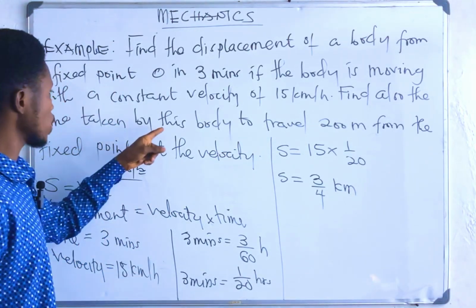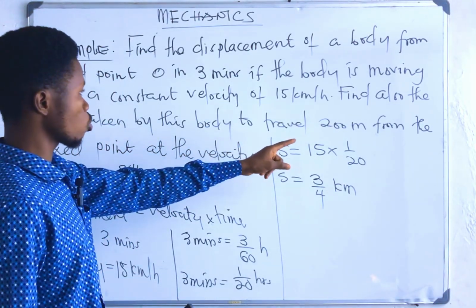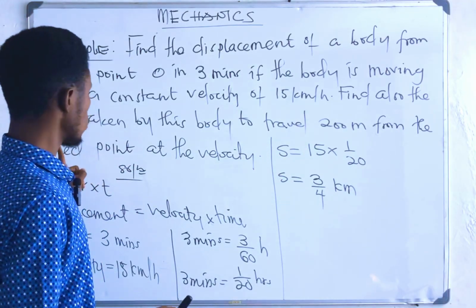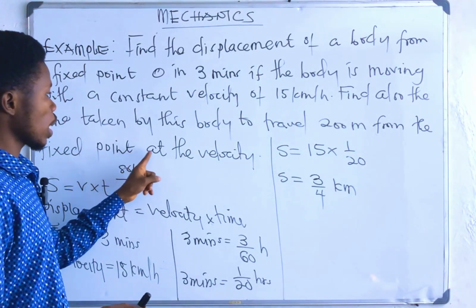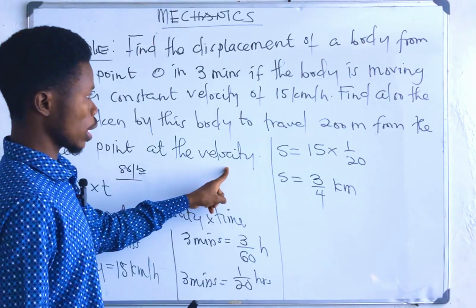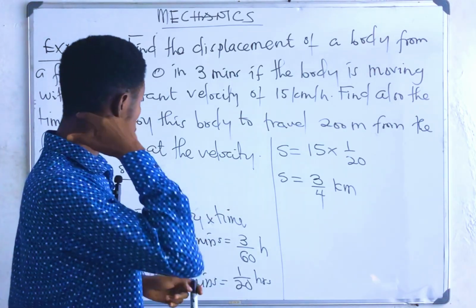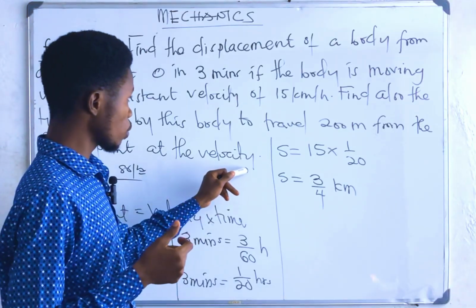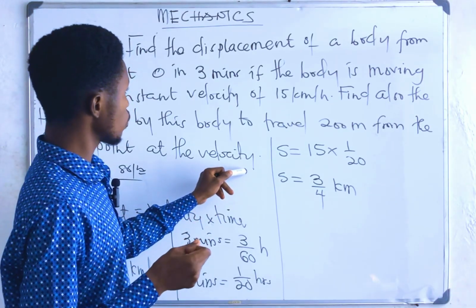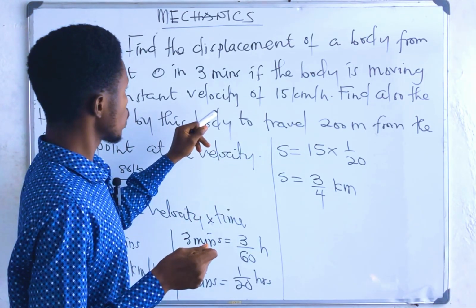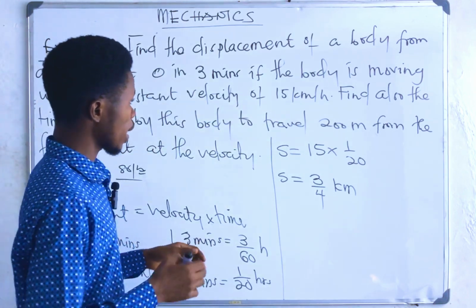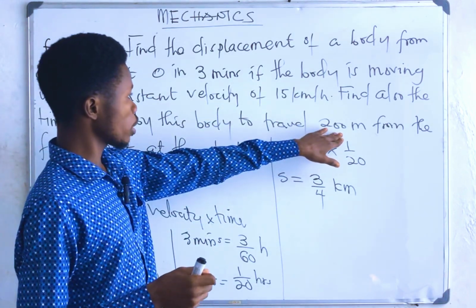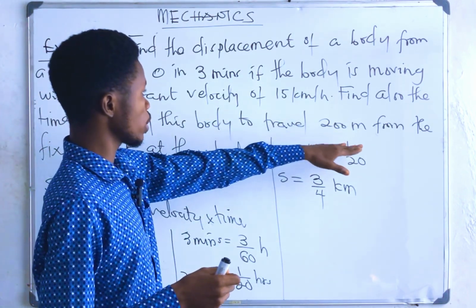Now let's look at the other side. Find also the time taken by this body to travel 200 meters from the fixed point at the velocity. Is that okay? So now we want to use the same velocity which was given to us as 15 kilometers per hour with the displacement or the distance given as 200 meters.